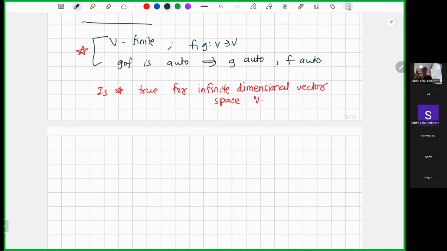I'm not remembering, but this one I recalled. He said like this. Okay. Try to come up with an example such that G composed F is an automorphism, but F and G are not automorphisms, something like that.